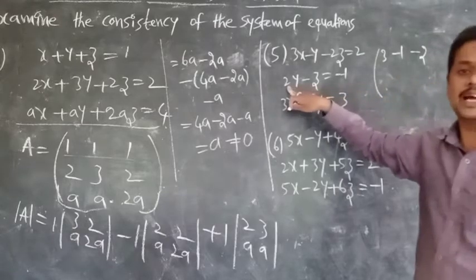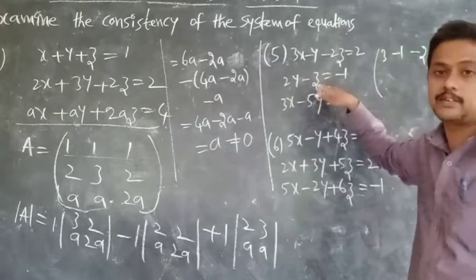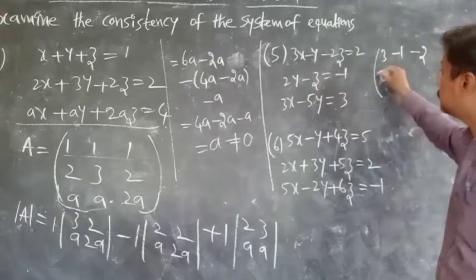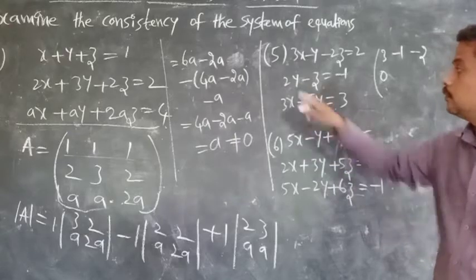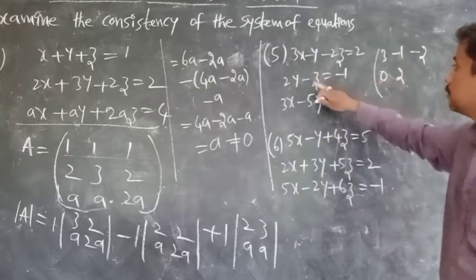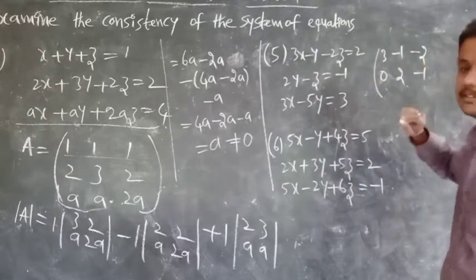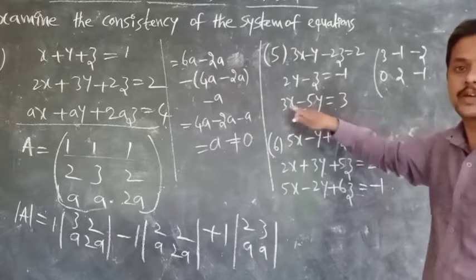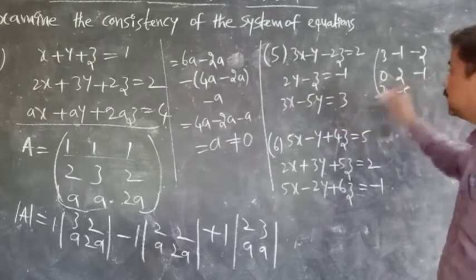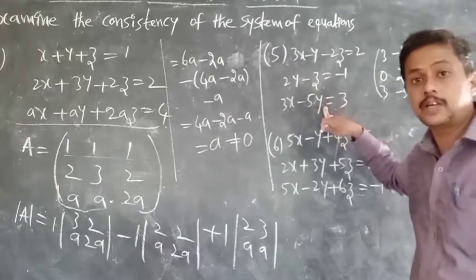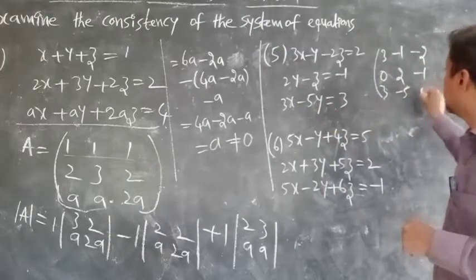Here x is not there in 2y minus z, only y and z are there, so take 0 in the place of x. Y is 2, minus z is minus 1. For the next, x coefficient is 3, y coefficient is minus 5, z is not there, z coefficient is not there, that's why 0. Like that you have to consider.